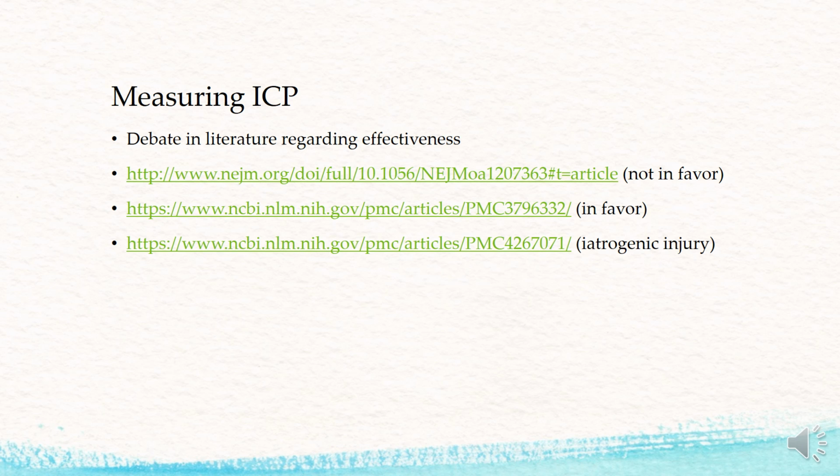So if you have some time, take a look at these articles. As far as I'm aware, there's not a definitive yay or nay on measuring these pressures. I bring this up because if you're working with a brain injury population in the acute care setting, and someone is having their pressure monitored, you're keeping a close eye on that. If they're not having their pressure monitored, you are watching their vitals like a hawk.